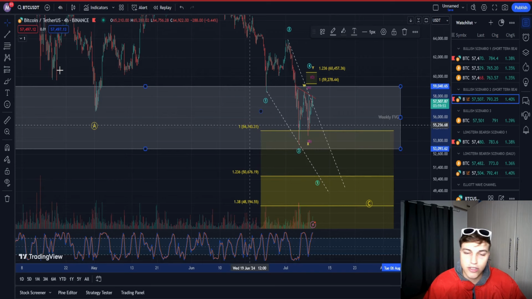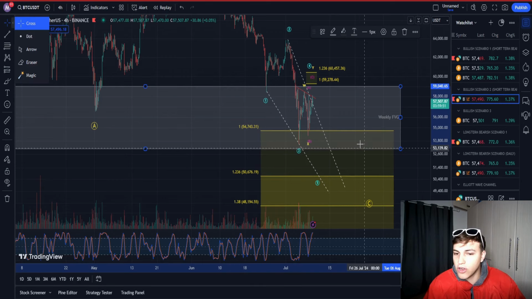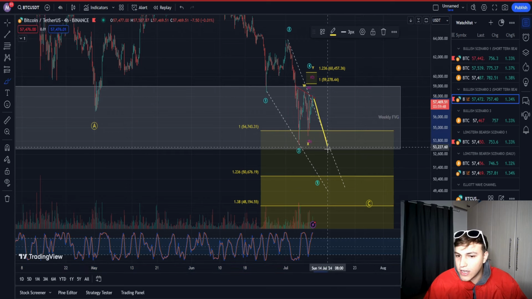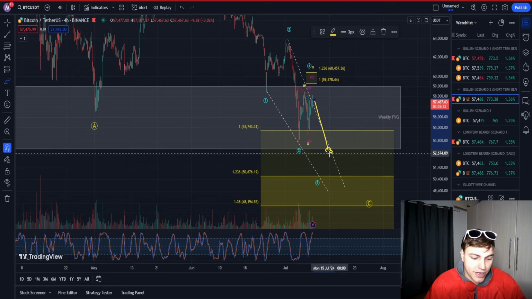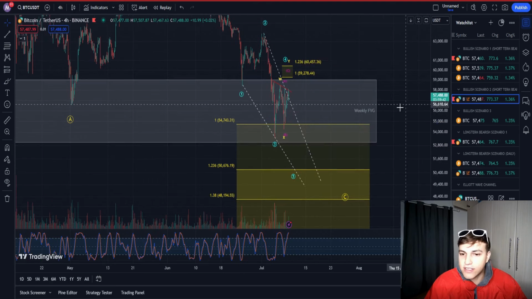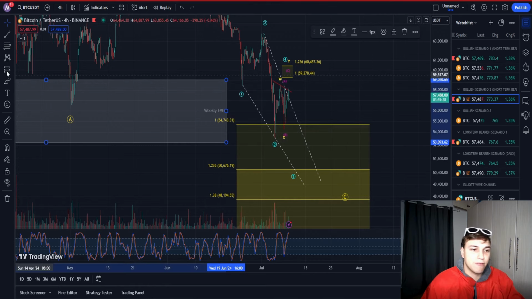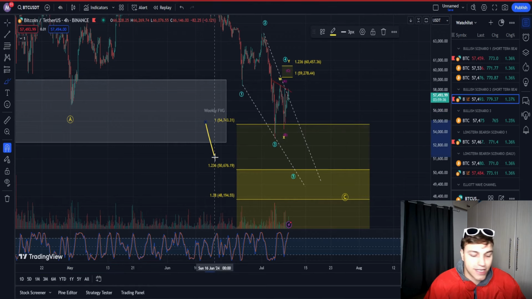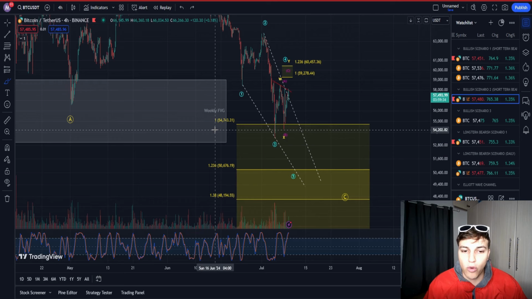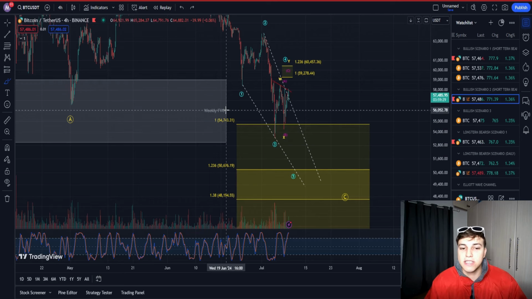Now, $53,000, this would mean price retraces deeper into this yellow zone here. But the entire yellow zone can still be filled out. This weekly fair value gap can be shattered through and doesn't need to really act as support. But I'm just saying they are often filled out, and that is why I do expect another low.